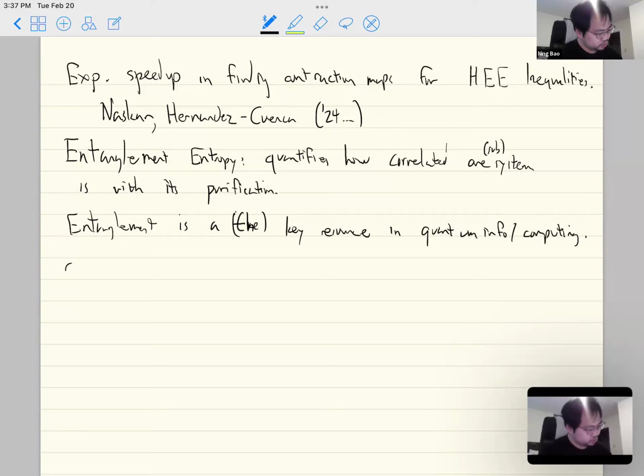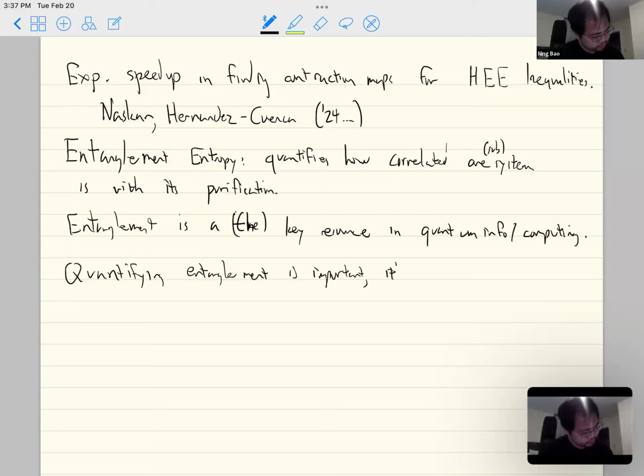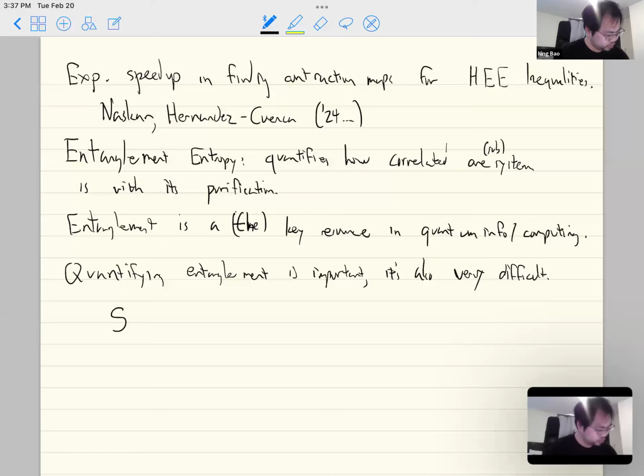However, while quantifying entanglement is important, it's also very difficult. You can see why from the form of the entanglement entropy.